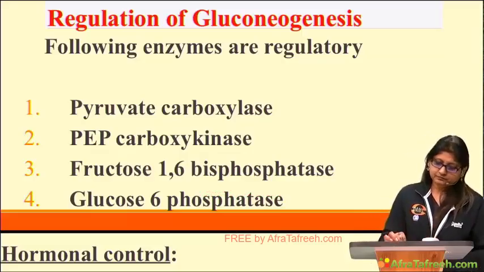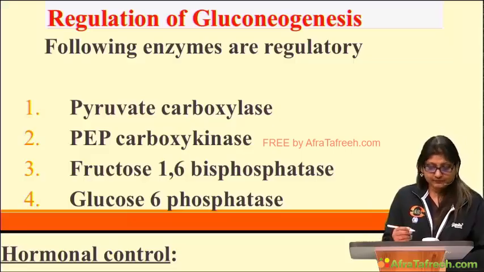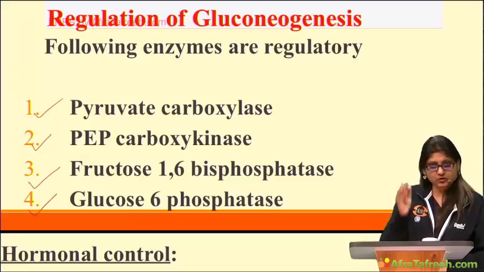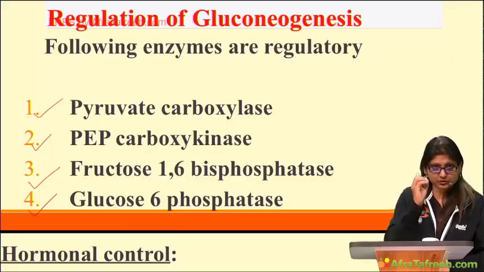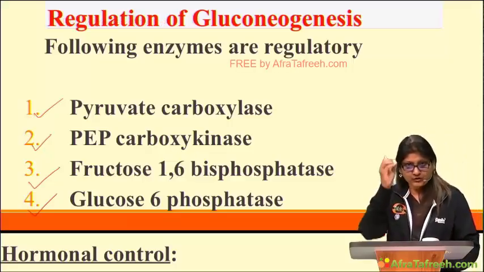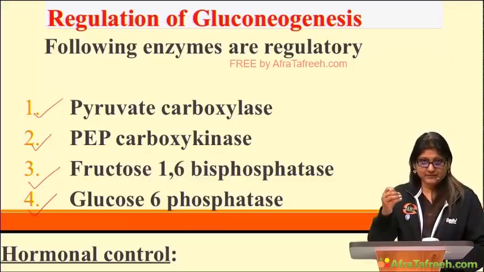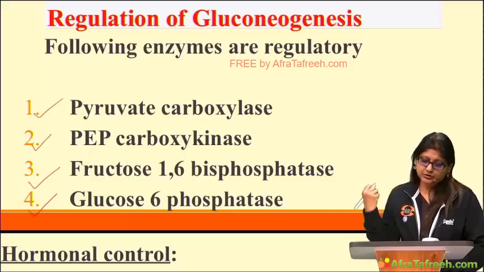I told you: pyruvate carboxylase, PEP carboxykinase, fructose 1,6-bisphosphatase, and glucose 6-phosphatase. All these slides you are going to get. The workbook annotated PDF also you are going to get. So don't worry, just listen carefully. These are 4 important enzymes which regulate gluconeogenesis.